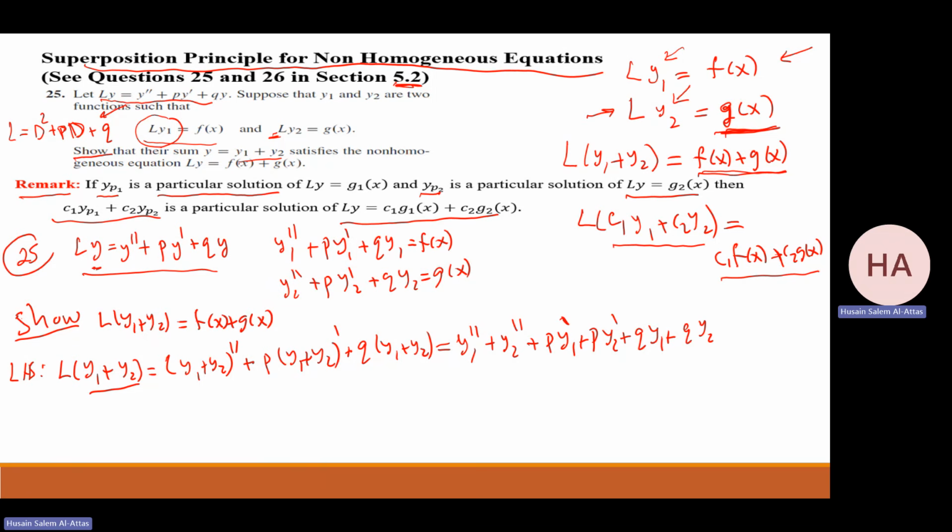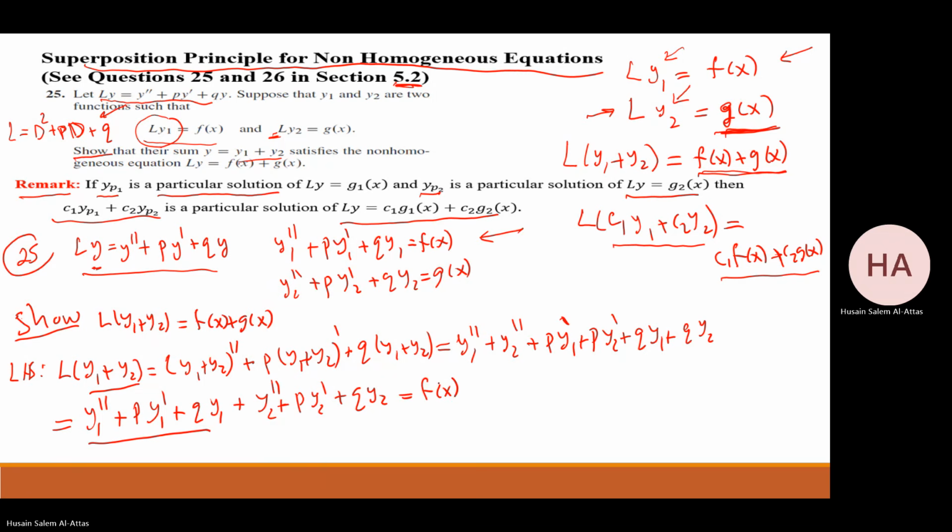Now I combine the things with y1: y1 double prime plus p y1 prime plus q y1, plus y2 double prime plus p y2 prime plus q y2. The first is, according to this, f of x. The second is, according to this, g of x, which is the right-hand side.